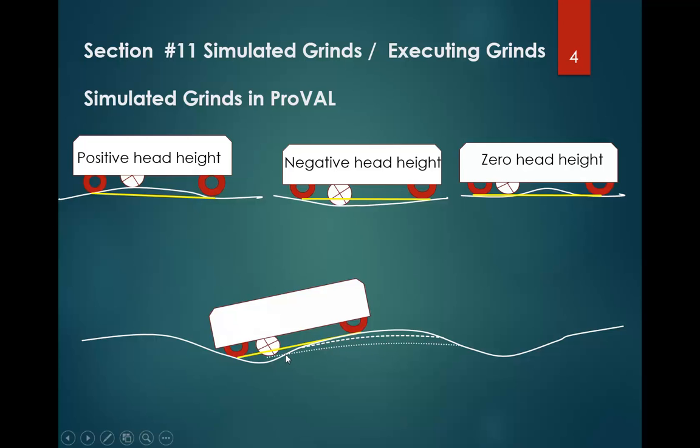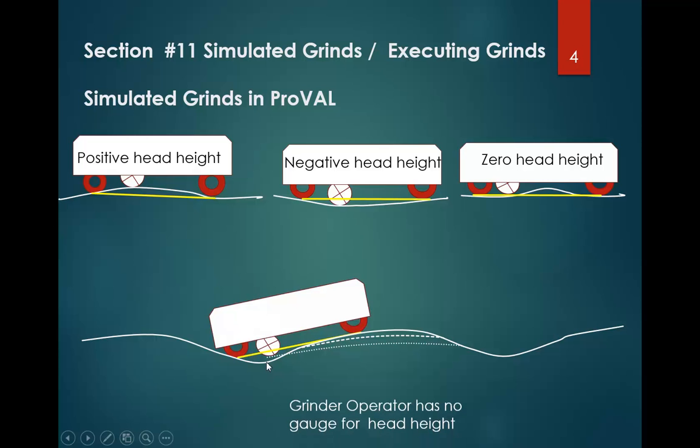Oftentimes it's very simple to estimate roughly where this location is, but when you run that model, you'll often find a step near the end, or it daylights way out past that point. So we need to look at these locations and refine them. The start location is extremely important because that's where the grinder is going to start. If we don't do that, the grinder operator is going to take that first station that we guessed at and lower his grinder head down.